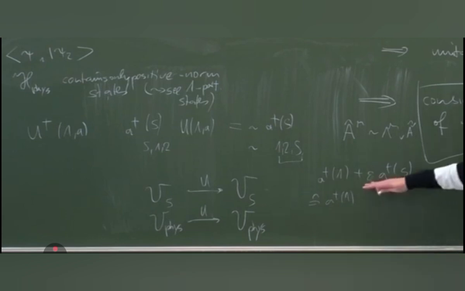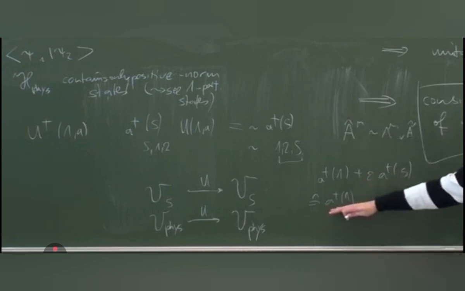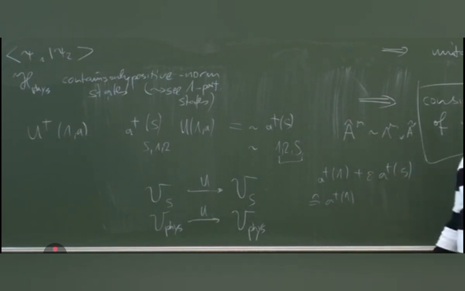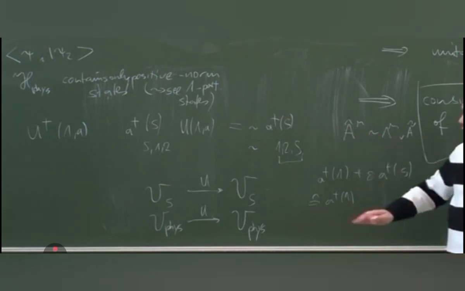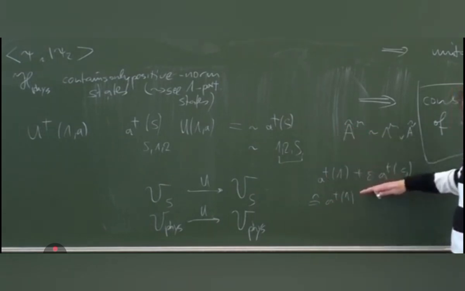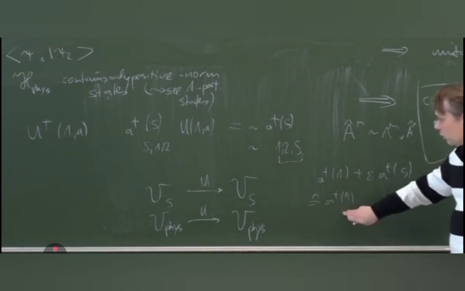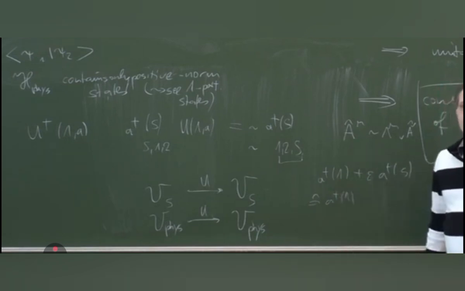So that is needed, but then we say this is equivalent to that state. They are two different representatives of an equivalence class, and then we have managed to achieve two things. On the one hand, Lorentz covariance, but on the other hand, we only describe physical degrees of freedom with the correct properties.